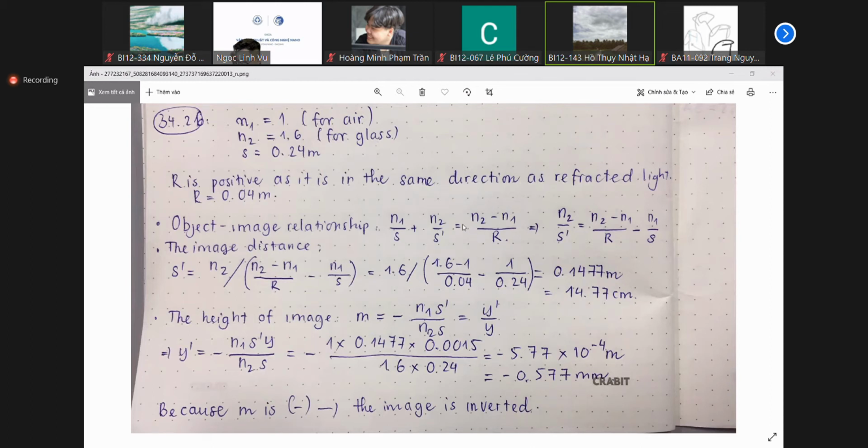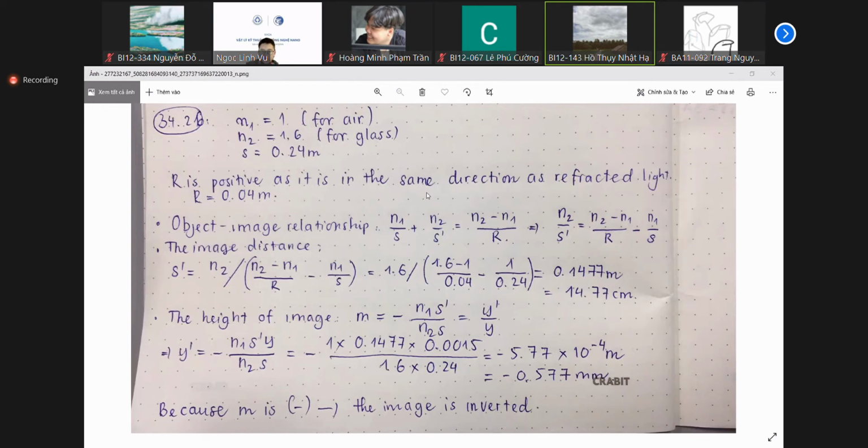For air, we have the refractive index equal 1, and for glass we have 1.6, and the radius is positive as it is in the same direction as the reflected light. I use the object image relationship, which is n1 over s plus n2 over s prime equal n2 minus n1 over r.